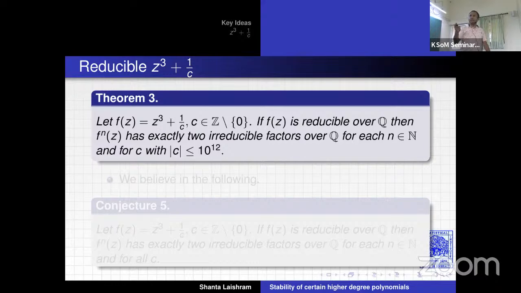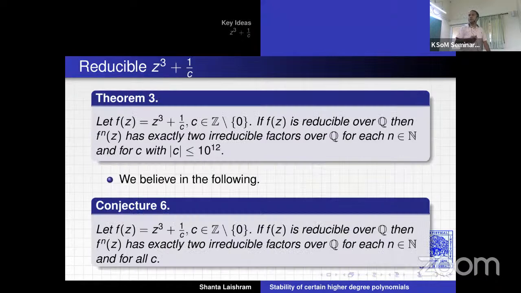Not only that, it has exactly 2 irreducible factors. So we believe the following conjecture: if F_c is reducible, then it should have exactly 2 irreducible factors, but we can't prove it for all c.